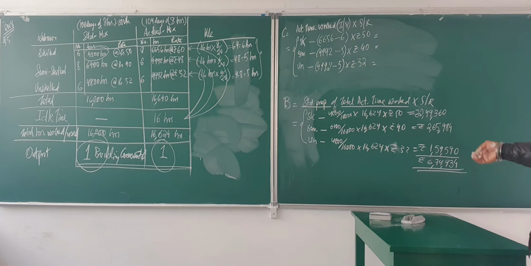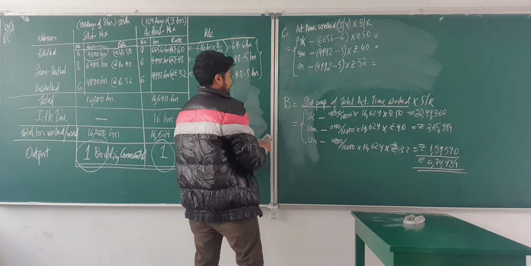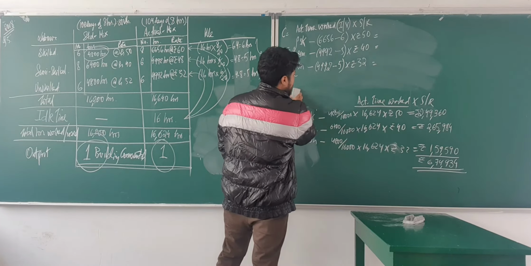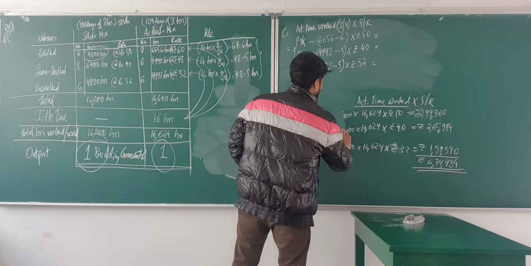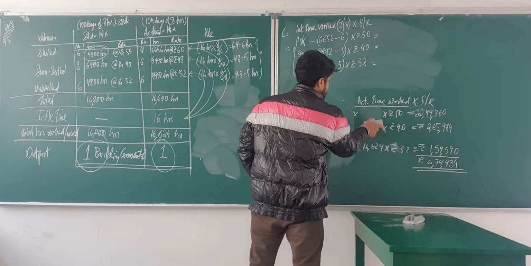Once you're done with C, you can calculate D also easily. Proportion is not there. In place of total, individual values.